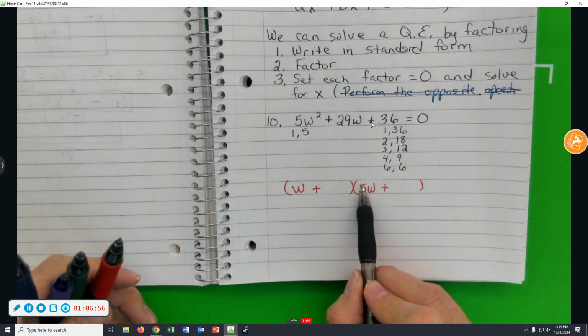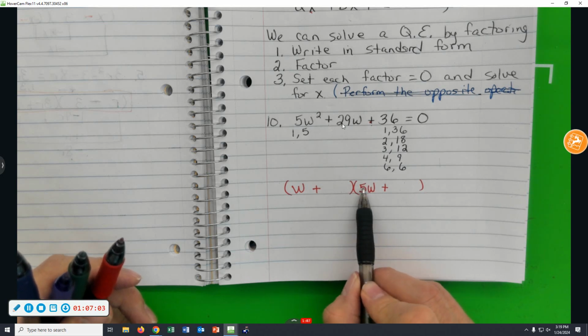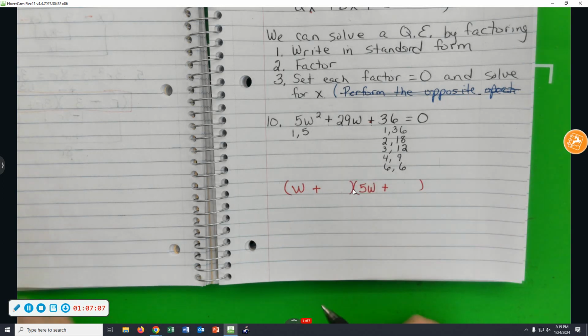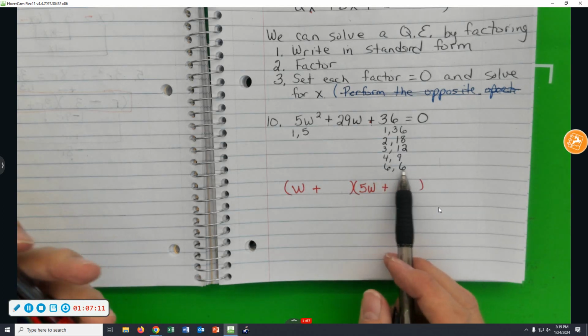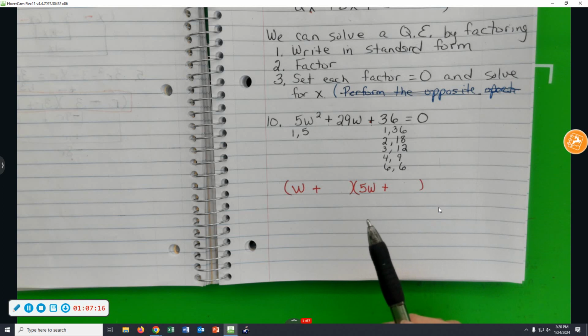We're going to have to perform what operation? Add. If I put a 6 there, that's 30. Right off, it's too big to be a 29. You could try the 6 and 6 yourself, but I'm convinced that's not going to work. That'll give us a 36W, not a 29W.